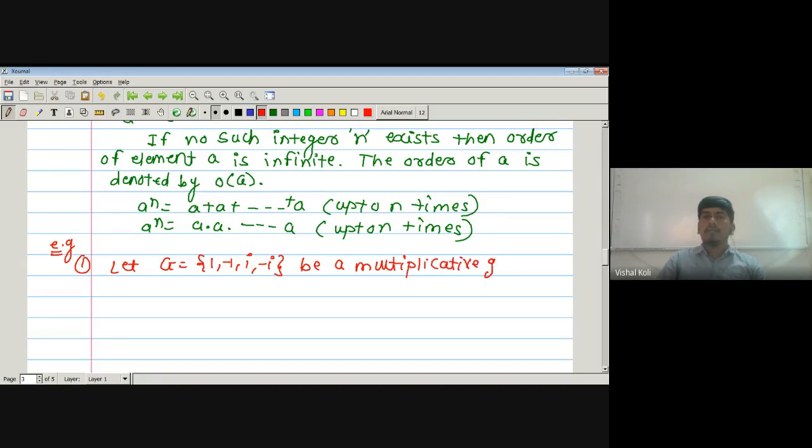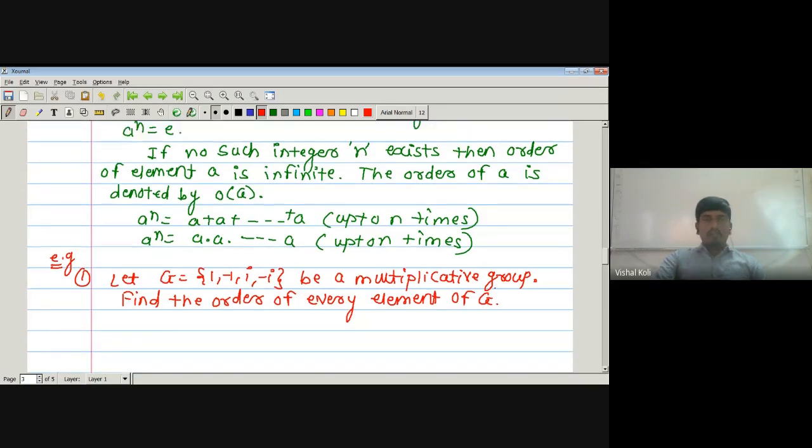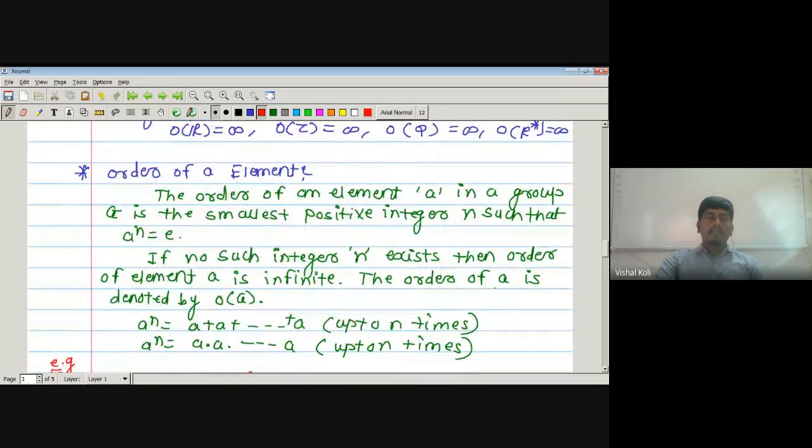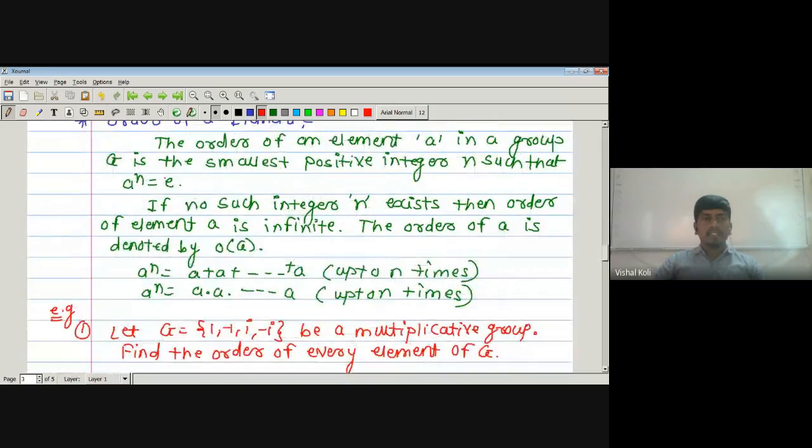Find the order of every element of G. The order of any element in G is nothing but the smallest positive integer n such that a to the power n is nothing but e, where this e is the identity element of that group.